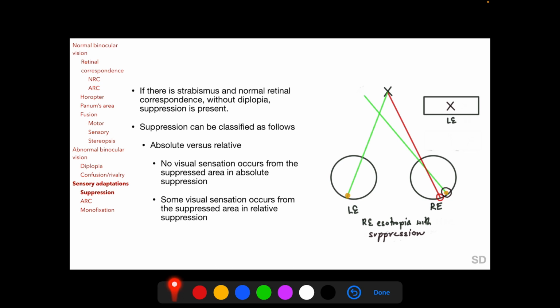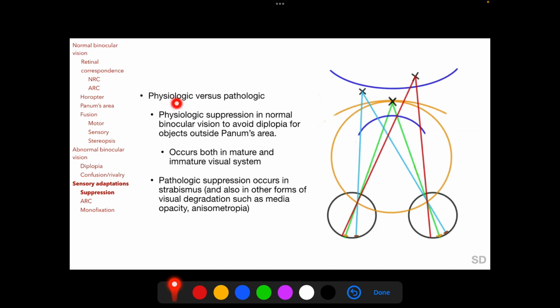Suppression can be classified as follows. Suppression can be absolute or relative. In absolute suppression, there is no visual sensation in the area suppressed, and in relative suppression, some visual sensation occurs from the suppressed area. Suppression can be physiologic or pathologic. Physiologic suppression occurs in normal binocular vision without strabismus to avoid physiologic diplopia for objects situated outside the Panum's area of single binocular vision.